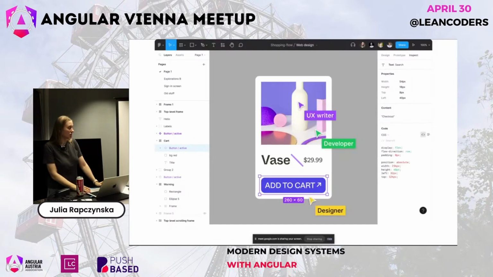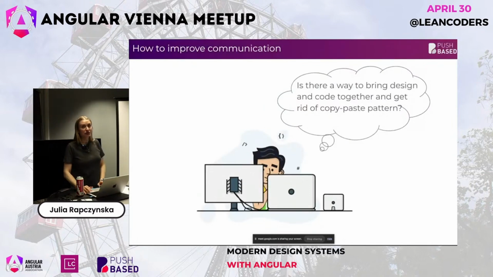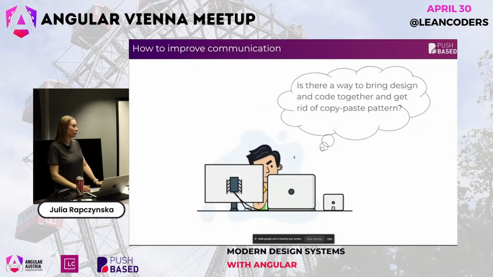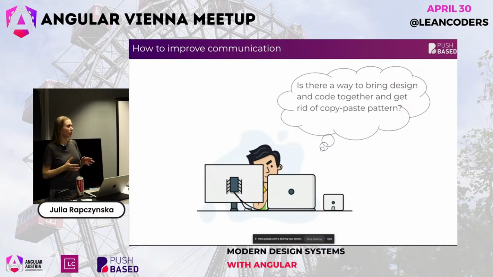And how we do it, as we already said: often we get a design, we go to Figma, we look at the right-hand side here, and we copy different CSS properties and apply them to the component. And we go back and forth, back and forth, back and forth. Usually it's not fun because you end up doing a lot of copy-pasting when creating those components. It doesn't matter which stage of development we are working on.